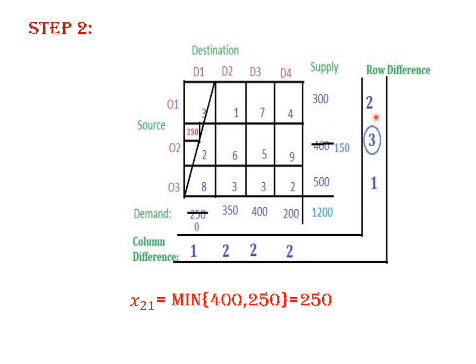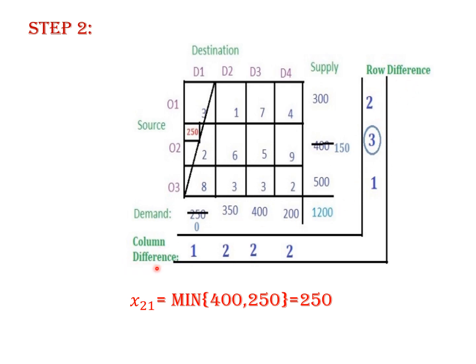So, the difference is 2. In the second row, the least cost is 2 and the next least cost is 5. The difference is 3. In the third row, the least cost element is 2 and the next least cost is 3. The difference is 1. Here the 2, 3, 1 are the row differences.